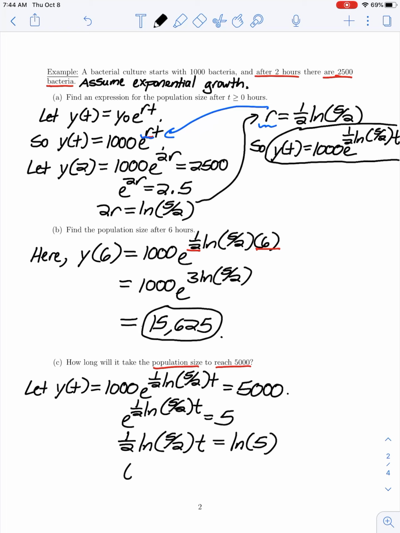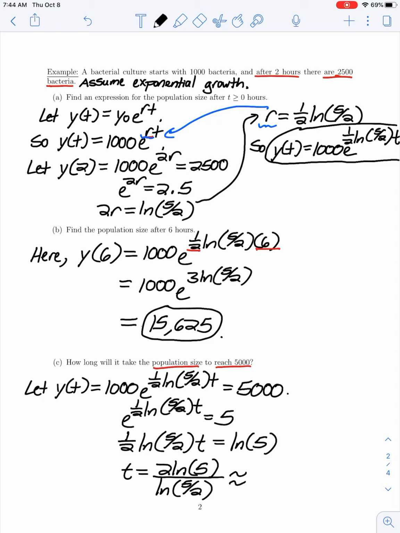So to solve for t, I would multiply both sides of this equation by 2, and then divide both sides of the equation by the natural log of 5/2. So I have t is given by twice the natural log of 5 over the natural log of 5/2.